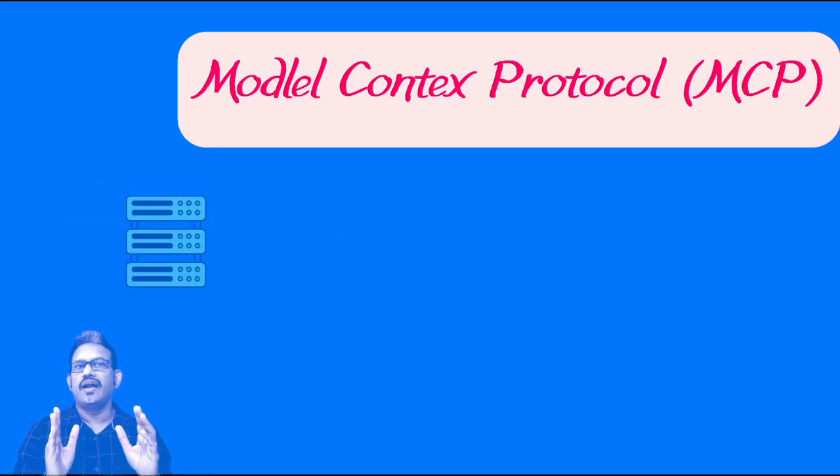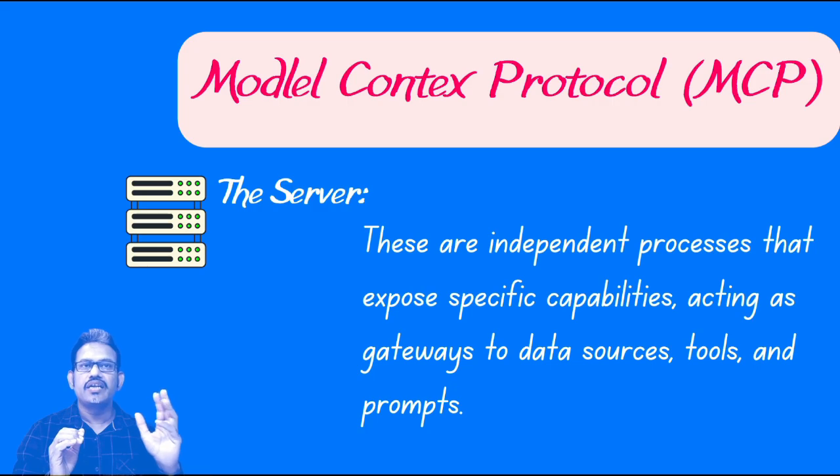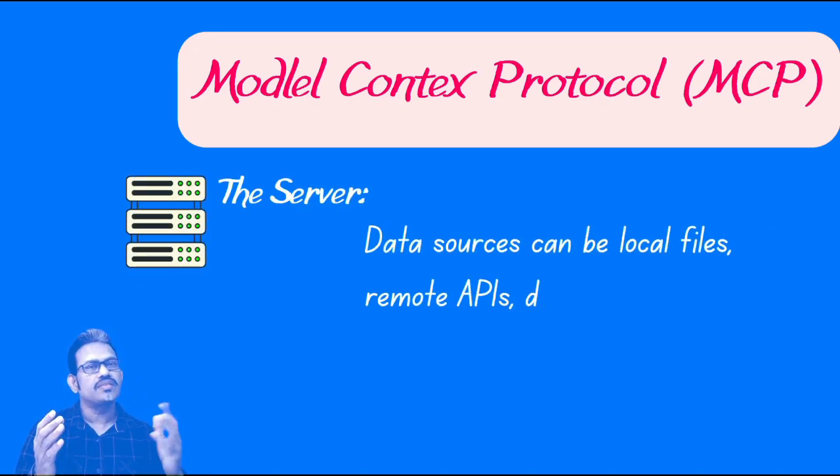The third and the most important component is the server. These are independent processes that expose specific capabilities, acting as gateways to data sources, tools, and prompts. You may choose to use open source or private source MCP servers for your specific use case, or you may write your own MCP servers.